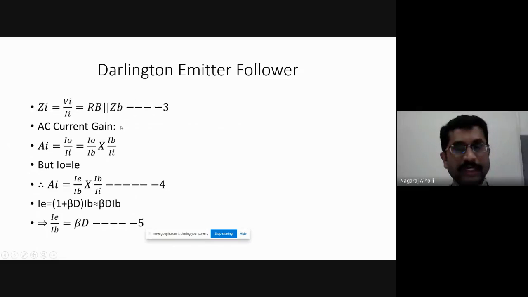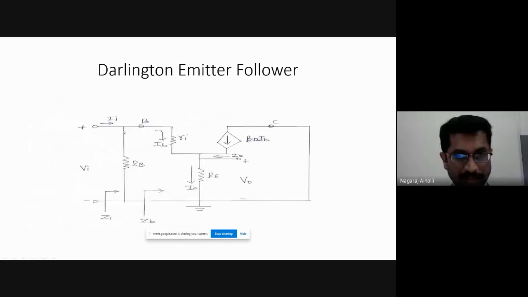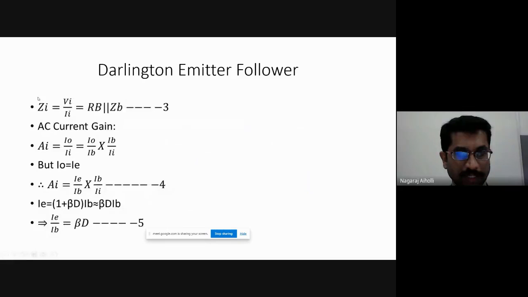Next let us find the current gain. If we look into the re model, the AC equivalent circuit, Io is the output current and Ii is the input current. Current gain is nothing but the ratio of output current to input current, therefore current gain is Io divided by Ii.